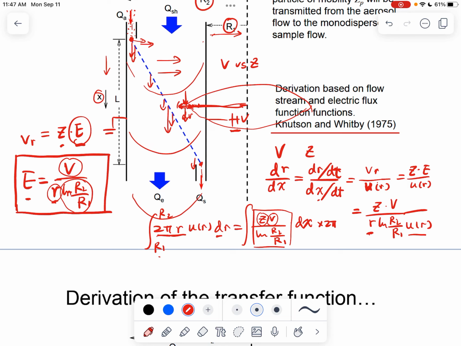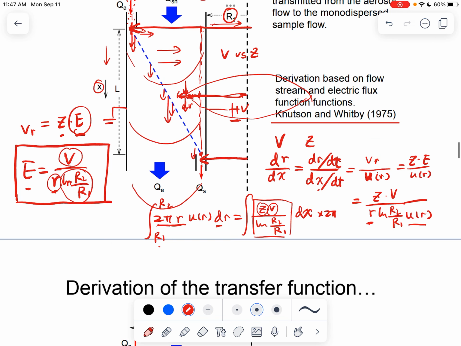Okay, so now if you consider R1 and R2, we're using R1 and R2 directly as the radius, but actually for this perfect trajectory, you need to consider the flow rate from here to here. So basically, it's the flow rate between these two locations.